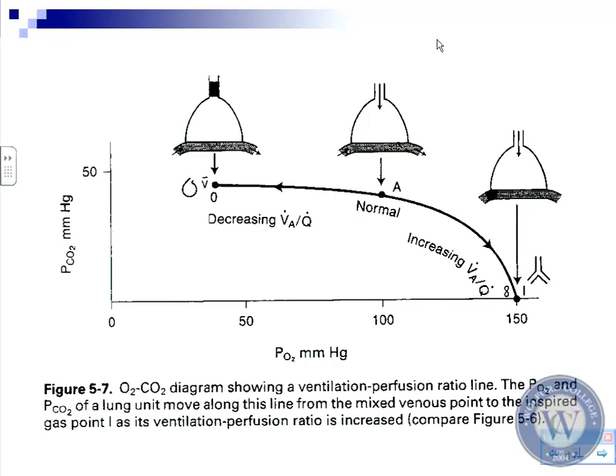If that person is reaching towards dead space, at the alveolar level you're reaching your maximal alveolar oxygen level, which is 150, but your CO2 will go to 0. So in dead space, what's inside the alveoli will have the maximum amount of oxygen but the least amount of CO2.